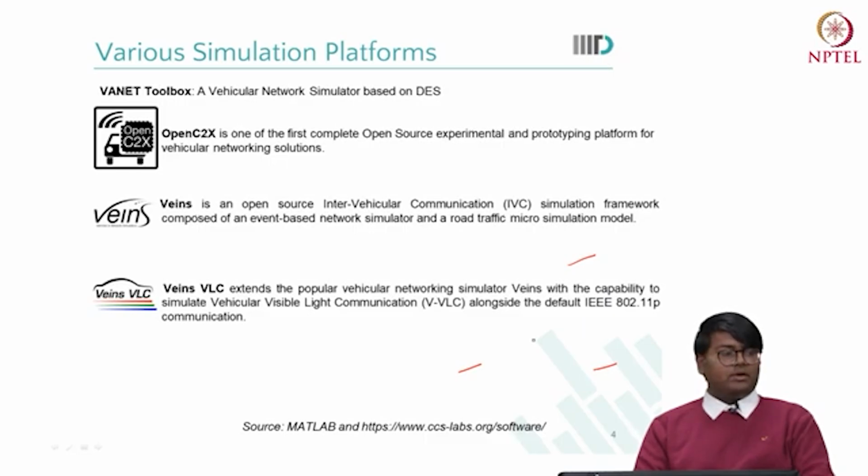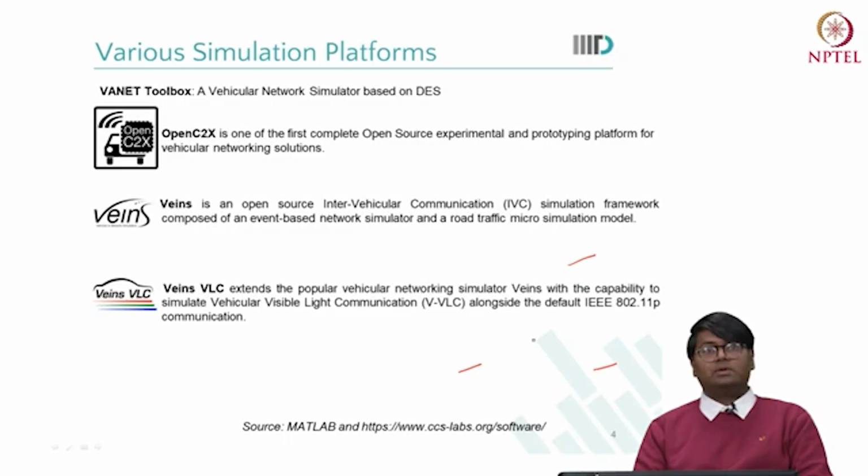Finally, we have what is known as Veins VLC. Now it is very popular for simulating vehicular VLC environment. This Veins VLC extends the popular networking simulator Veins with the capability to simulate vehicular visible light communication along with your default IEEE 802.11p communication.